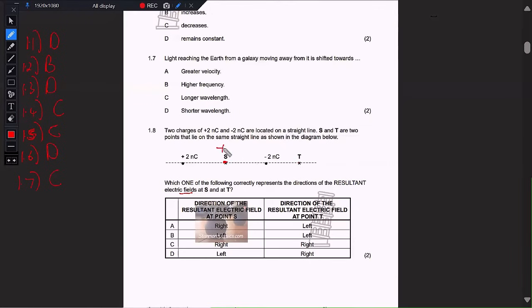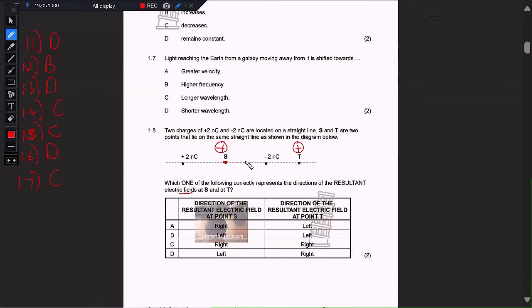So if we say this is a positive point charge, and also there is a positive point charge, now, where will S move due to this one here? So, the direction of the resultant electric field at point S.